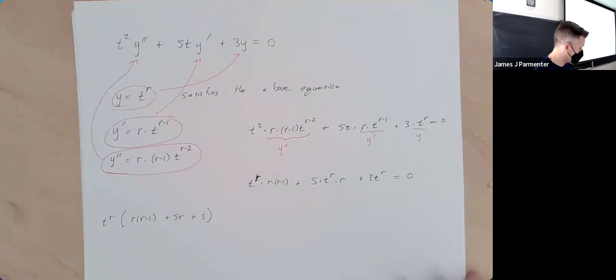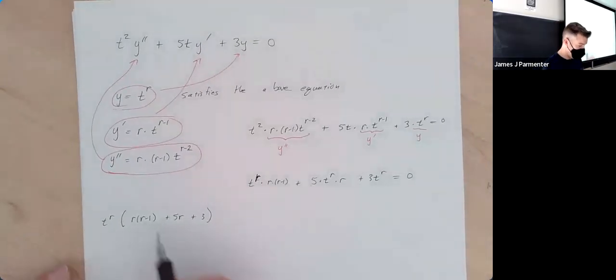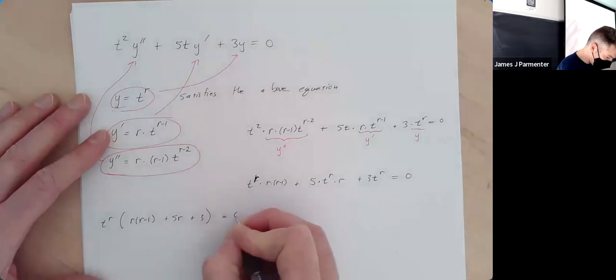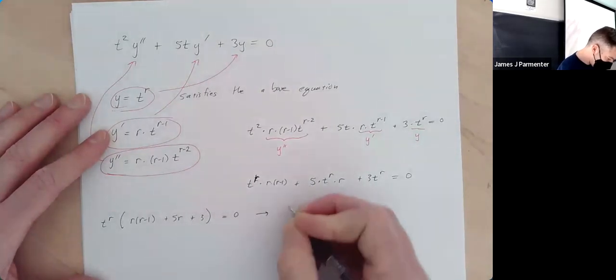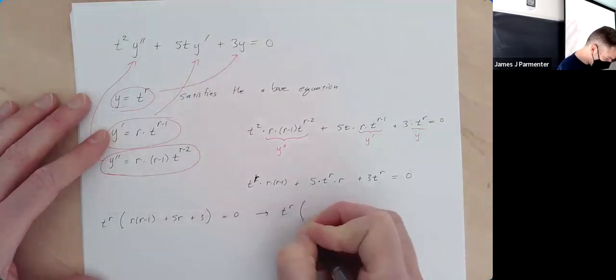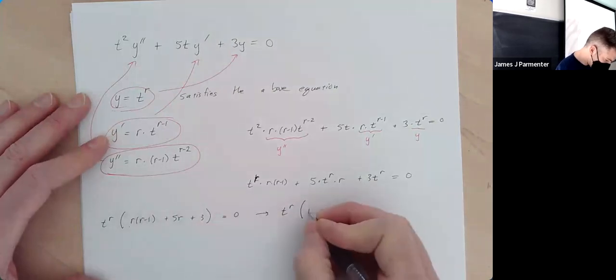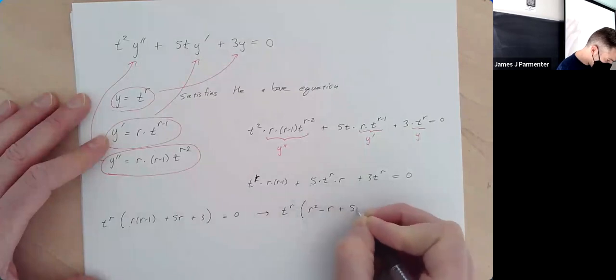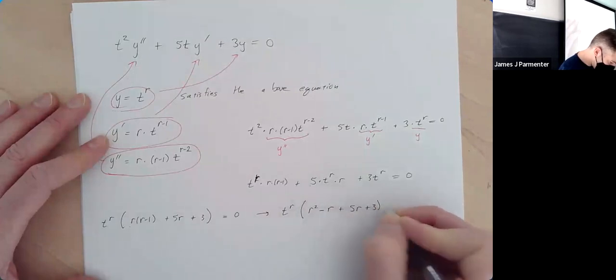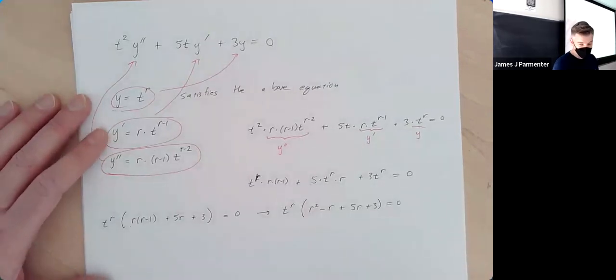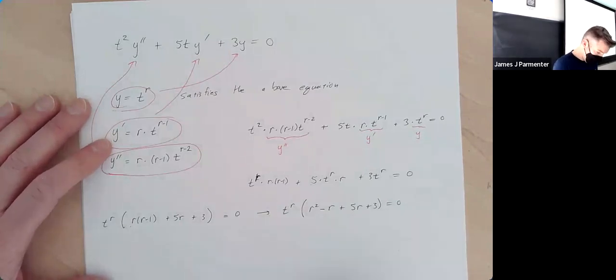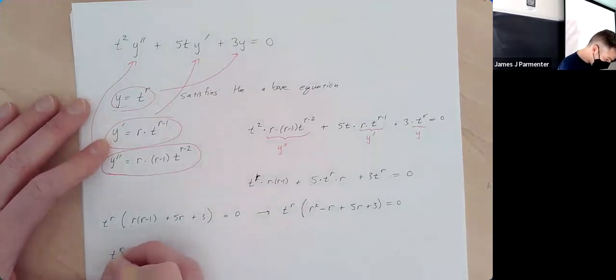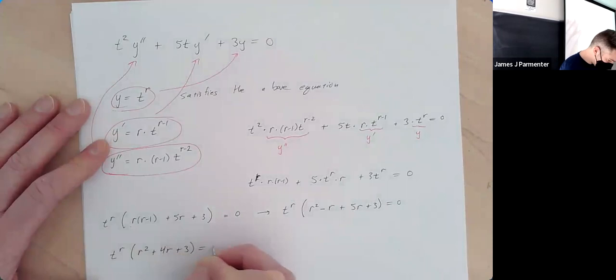And then what we really should do is multiply out r times r minus 1. So that should still equal 0. We're going to get t to the r times r squared minus r plus 5r plus 3 equals 0. And the rest of this becomes solving a quadratic equation. So we've got t to the r times r squared plus 4r plus 3 equals 0.